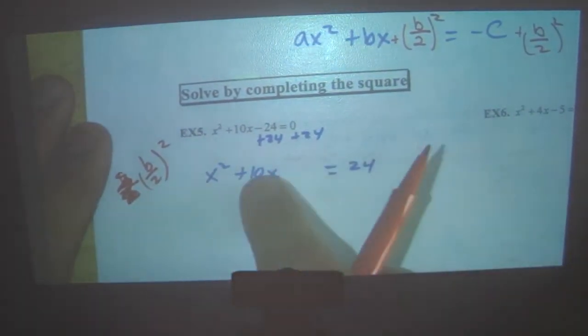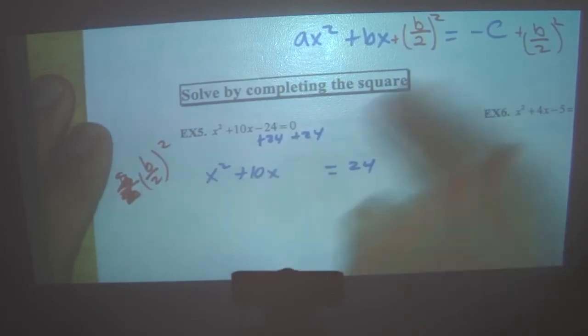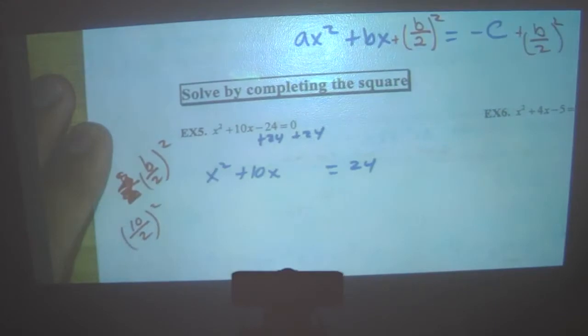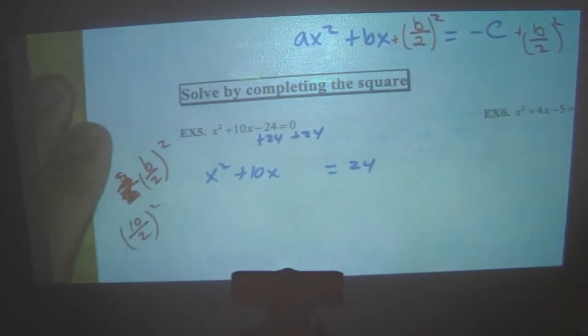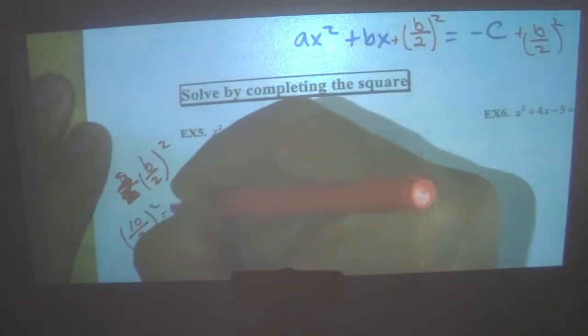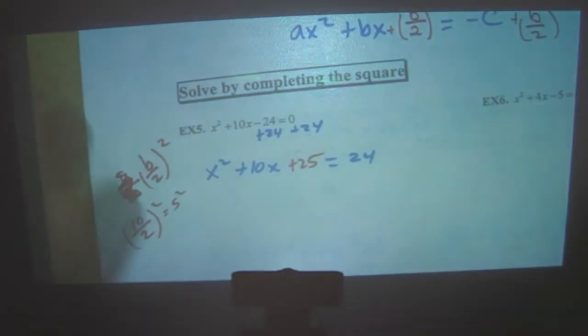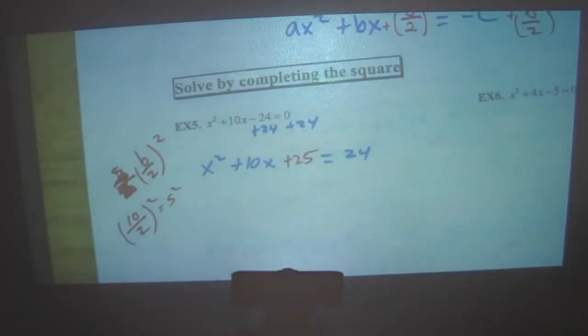The number in front of x is our b value. We take the 10, divide by 2 and square it. 10 divided by 2 is 5, right? 5 squared is 25. So I add it right there.